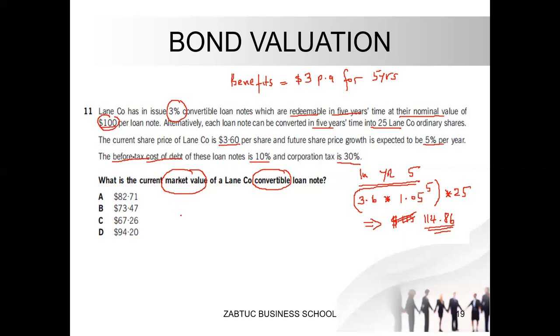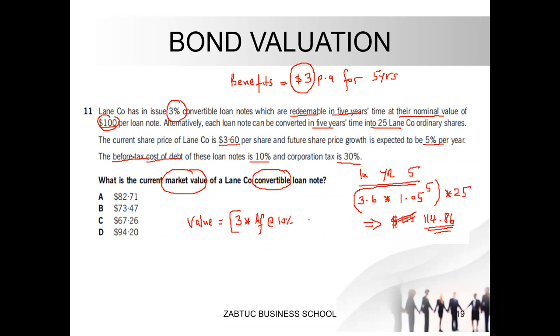So the $3 per year for 5 years is an annuity. That one we're going to use an annuity factor. So then our value will be the $3 multiplied by the annuity factor at the rate there, 10%.